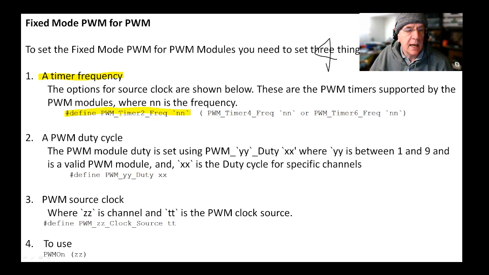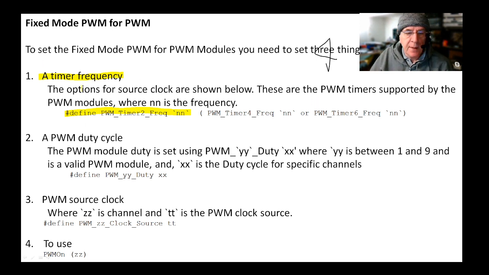So we say #define pulse width modulation timer 2 with a frequency, and we just tell it a frequency number, like 38, whatever number we want. That frequency is against a timer, and we've only got 1 timer available on this chip, so we can only use number 2 for this type of capability.